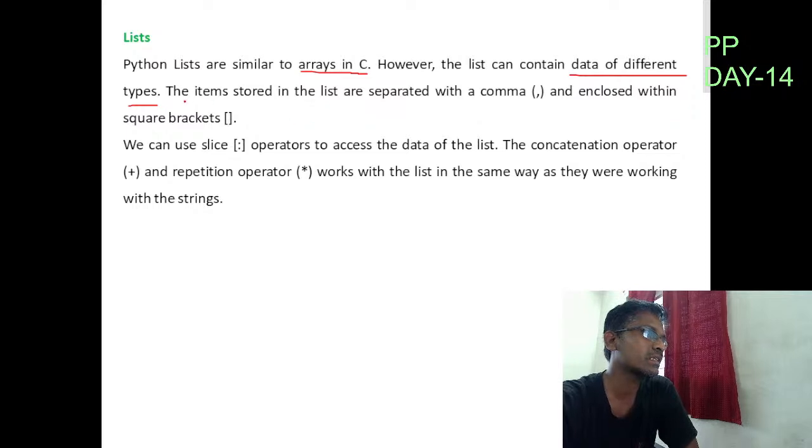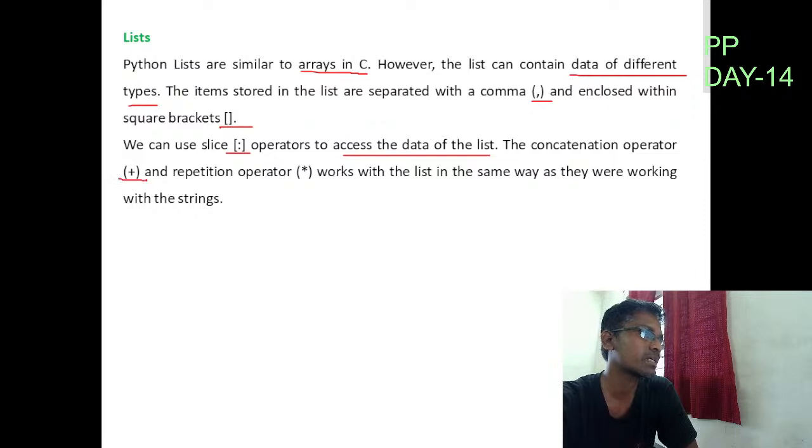These different data values are separated by commas and enclosed in square brackets. By using a slice operator, you access the data of the list.